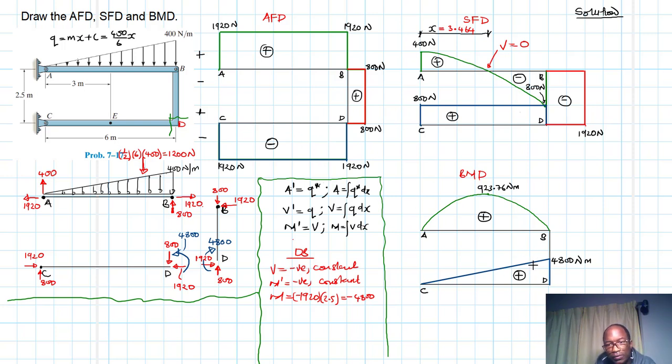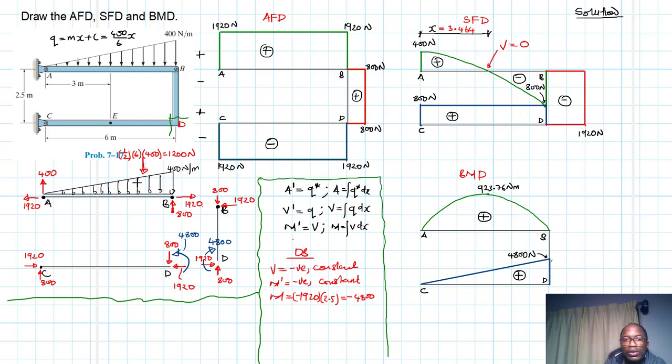Okay, and the slope we said is negative. We are moving from D to B. Okay, negative slope is in this direction like this. Let me move this. I put it inside, 4,800 newtons.